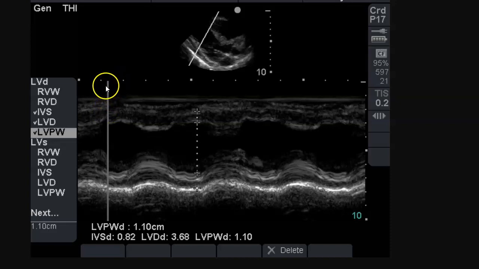and the temporal resolution is the time that it takes to make one scan line. Okay, in this case, in the M mode, it's the time it takes to make one scan line, and that just keeps getting repeated, that one scan line, over and over and over.